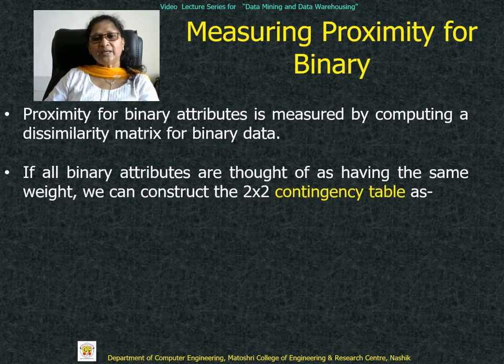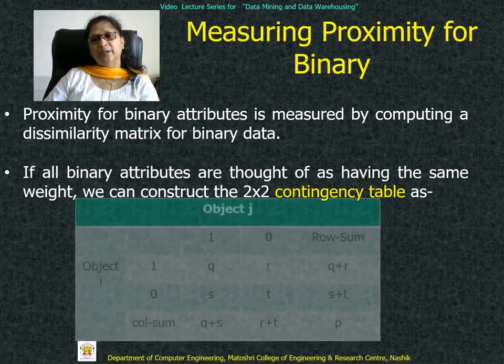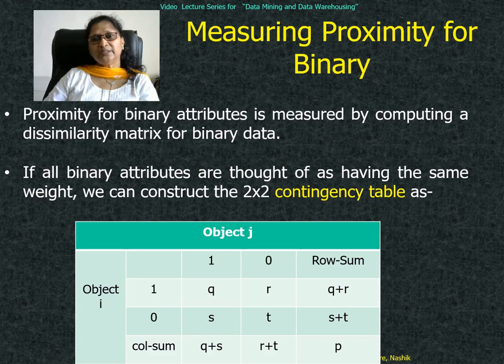This dissimilarity matrix is nothing but a 2 by 2 contingency table. In this contingency table, we note down the total counts of attributes having both values 1, 1, both 0, 0, or one of them 0 and the other 1.